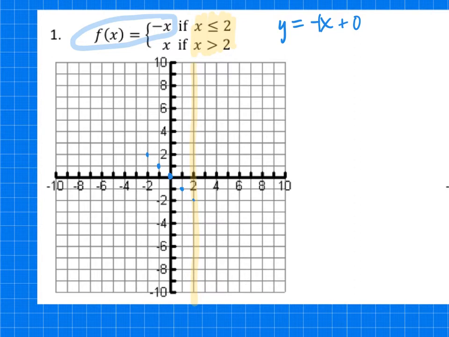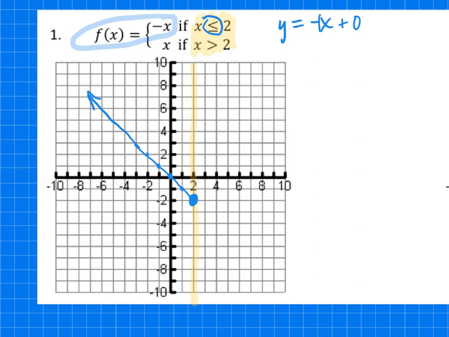That's one way to go about it. There's other ways that involve erasing. And then I want to keep everything less than or equal to 2, so I'm going to the left. I'm drawing a very not straight line. That's going to be a closed circle because of the or equal to line here. And then that's my first one, so I'm done with that one.